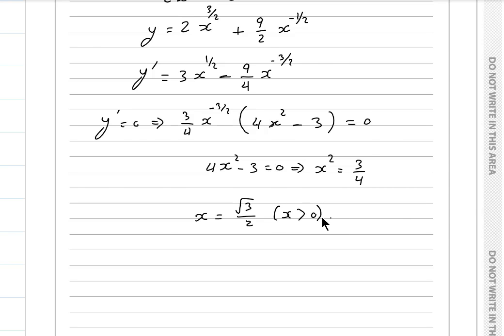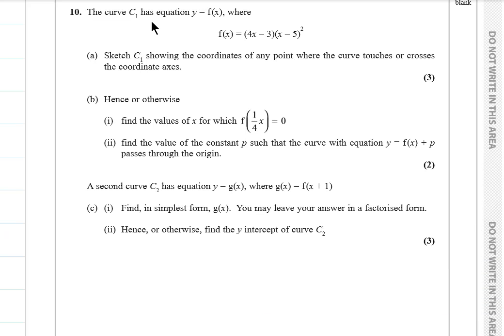Question 10. The curve C1 has equation y equals f of x, where f of x equals 4x minus 3 multiplied by x minus 5 all squared. Sketch C1 showing the coordinates of any point where the curve touches or crosses the coordinate axis. First of all, we should look at the coefficient of x to the power 3.